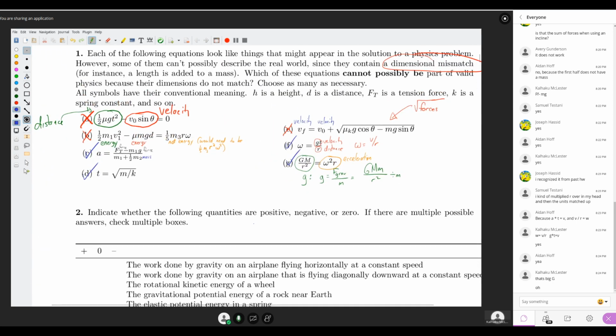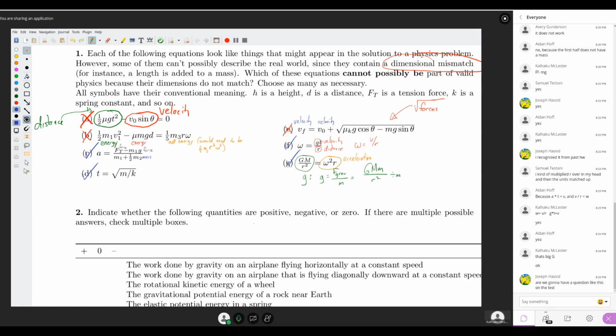So any questions about that segment of the multiple choice? We'll do all of these here. I'm happy to work through the entire practice exam if that's what y'all would like me to do. Anything about these before we move on? Are you going to have a question like this on the test? You might.